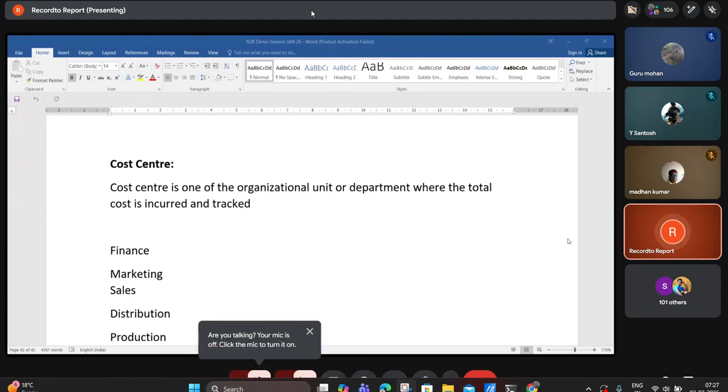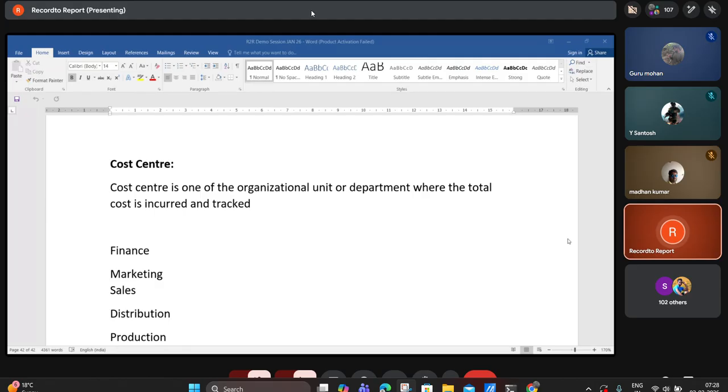For example, we have multiple departments within the company, like finance, marketing, electricity, sales, distribution, production, transportation, and inventory maintenance department. So like this, we have multiple departments across any company, guys.